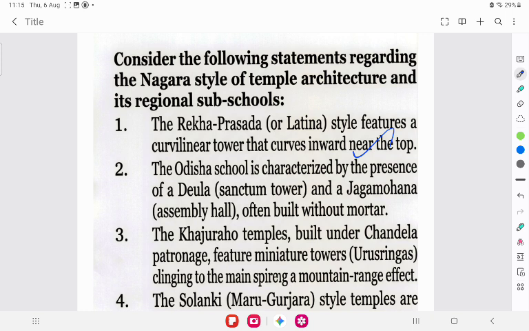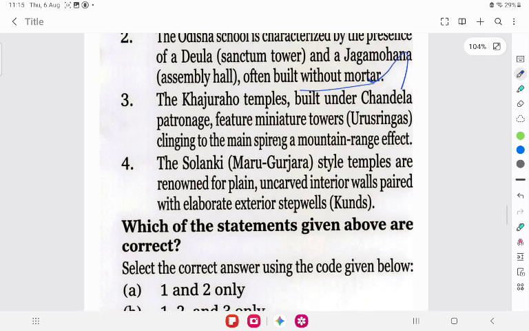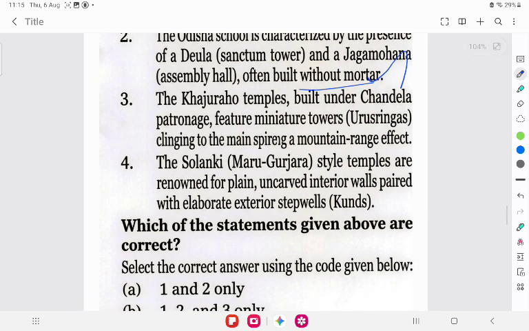The Odisha school is characterized by the presence of a Deula and a Jagamohana often built without mortar. Yes, this statement is also correct. The Khajuraho temples built under Chandela patronage feature miniature towers clinging to the main spire, a mountain range effect. Yes, this statement is also correct.